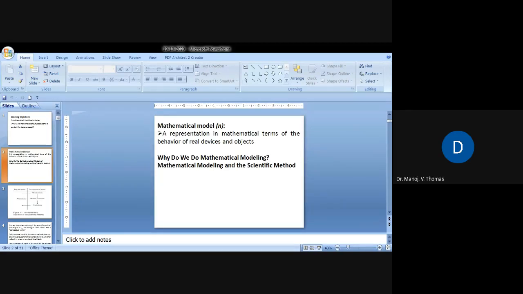If you exceed the limit, some unwanted incident will happen, some explosion might happen. Or if a vehicle exceeds its maximum speed, there will be some issues. So how do we decide the maximum speed at which a vehicle can move, or the maximum pressure a tire can sustain?